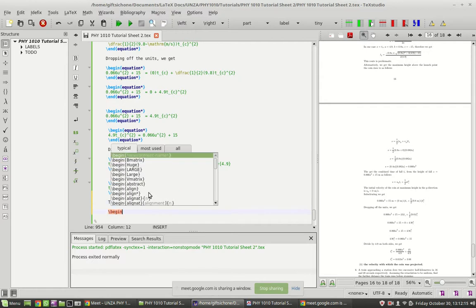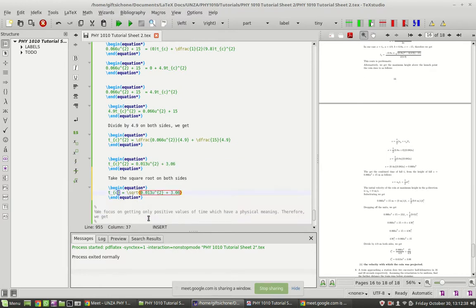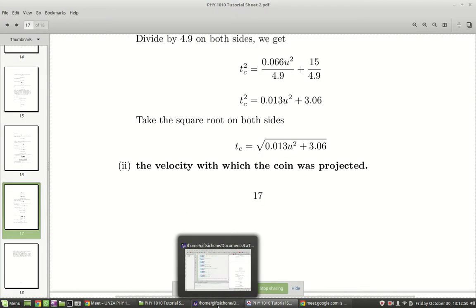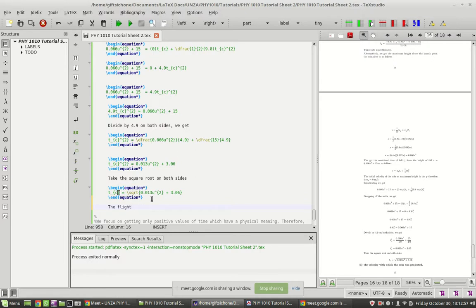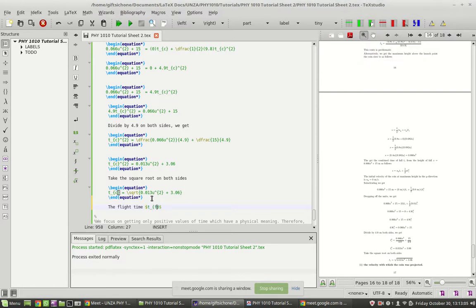But I don't like it, let me admit. TC equals the square root of that. Okay, that gives us that. Then flight time, TF. We have things in a form I don't like.